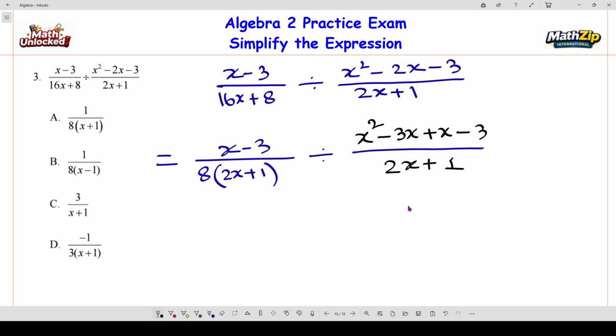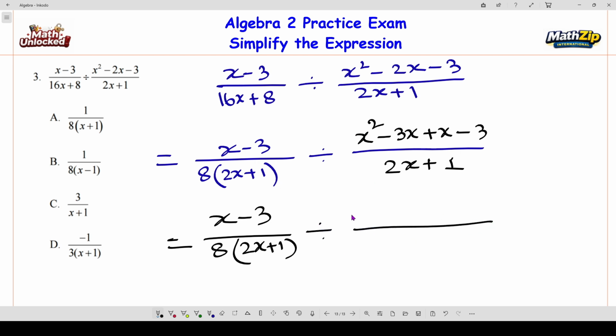Then here is x minus 3 divided by 8, 2x plus 1 divided. From this term we can take common x, so x minus 3 plus 1 common, again x minus 3. In the denominator it will be unchanged, 2x plus 1.